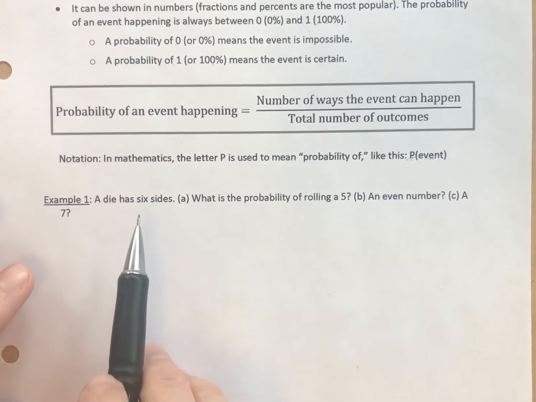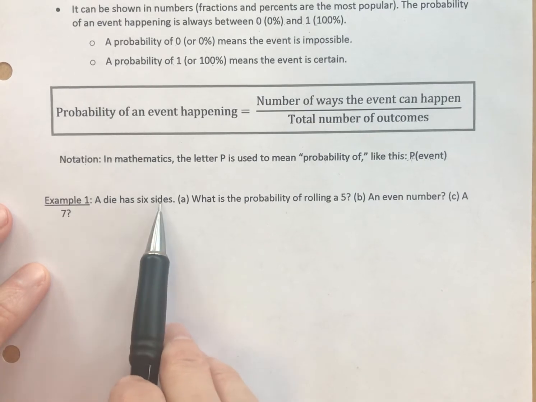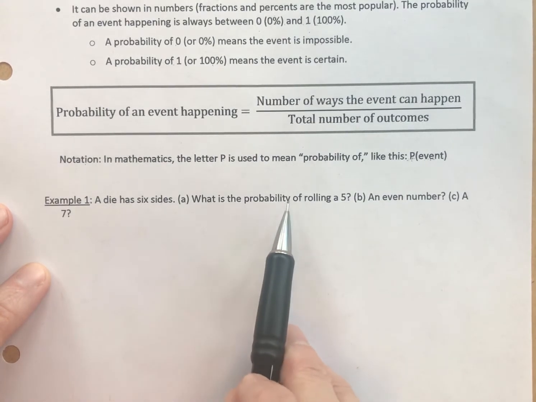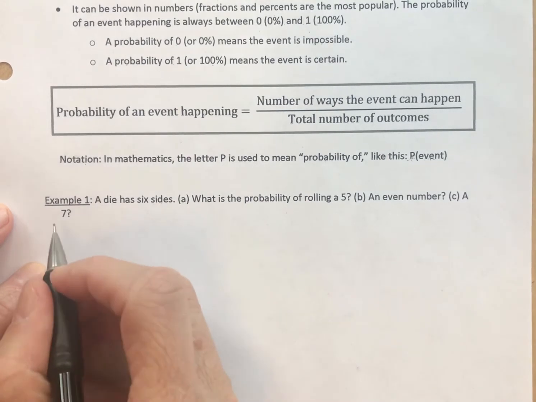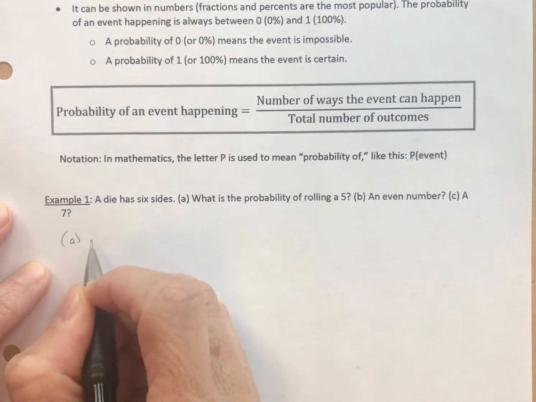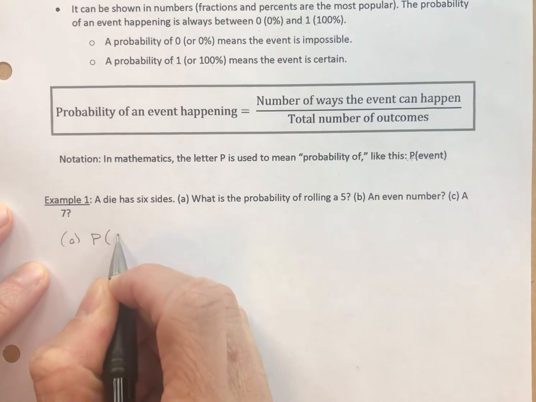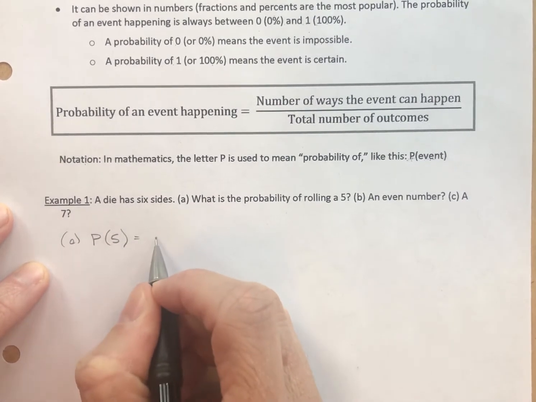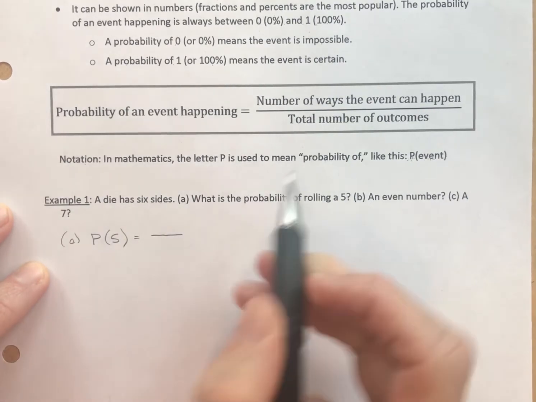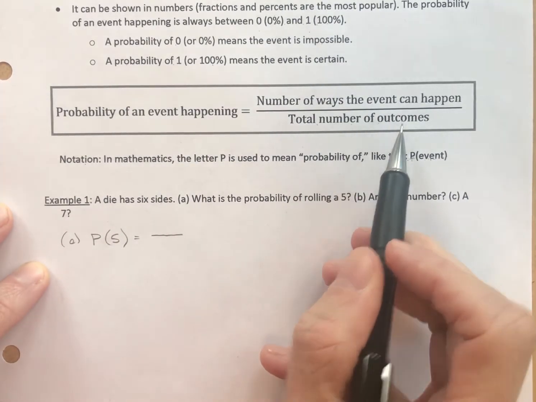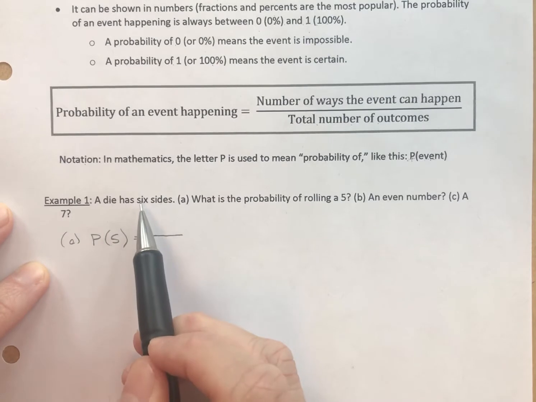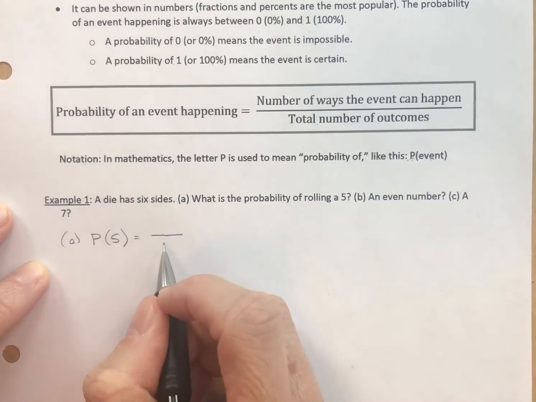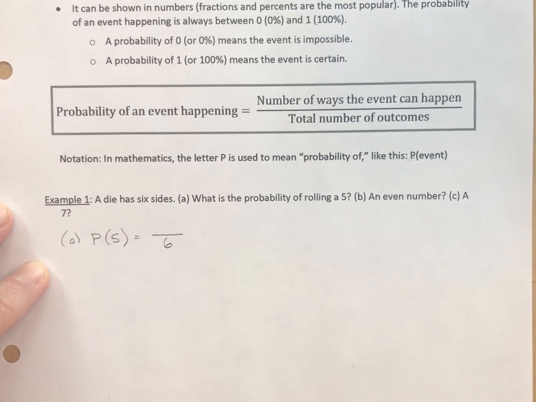Okay, so a die has 6 sides. We saw that above. A: what is the probability of rolling a 5? Okay, so letter A. Probability of a 5 will look like that in mathematics. Probability is a fraction. The denominator is the total number of outcomes. Well, a die has 6 sides, so there are 6 outcomes.